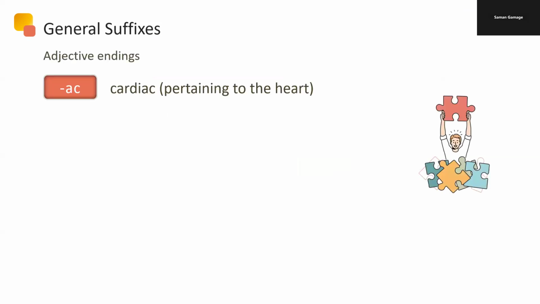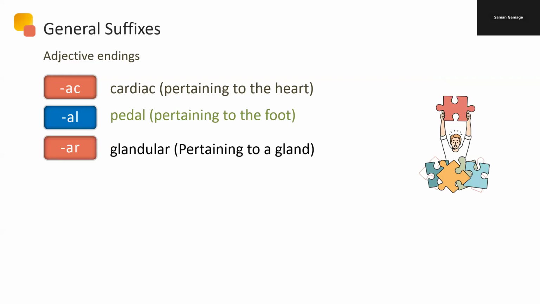Then some adjective endings. Ac, cardiac, pertaining to the heart. Al, pedal, pertaining to the foot. Ar, glandular, pertaining to a gland.